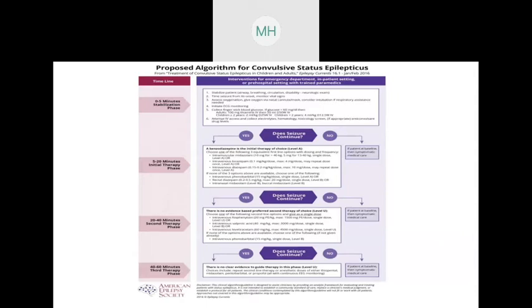The next one, we see whether the patient still continues seizures or not. Then we load the patient with another type of anti-epileptic drug. The next one, if the patient is refractory, consider intubation, and then start the anesthetic infusion of anti-epileptic drug, followed by trying to search for the cause of the seizure.